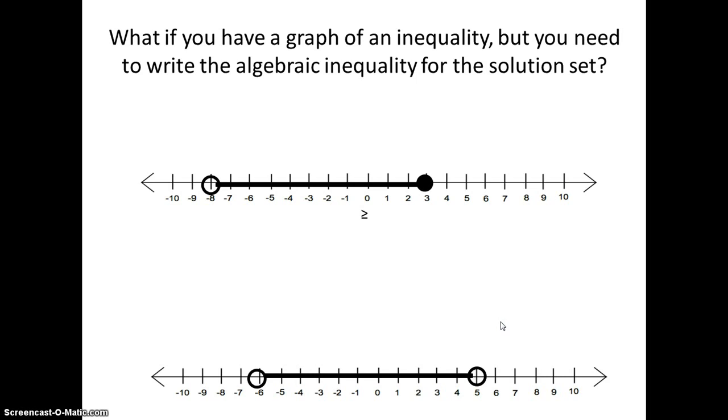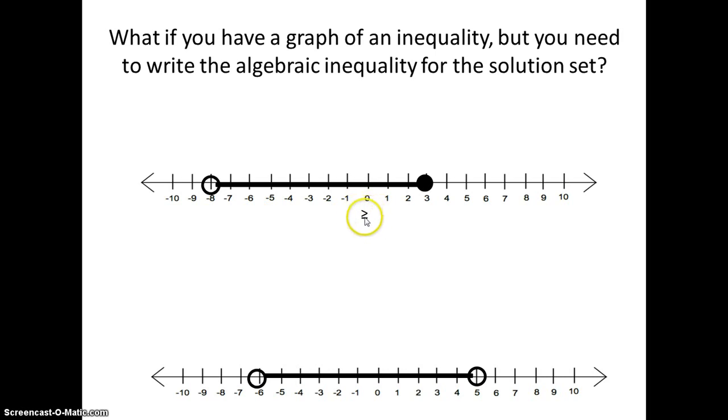Suppose you have a graph of an inequality and they have asked you to write the algebraic inequality for the solution set. We do this in a very similar way to the way that we just put the graph on the number line. We start by taking the two significant numbers that we are going to compare x to, and we see that x lies between these two numbers.